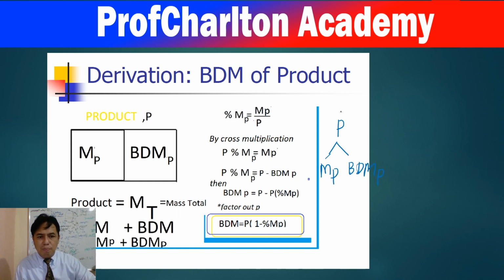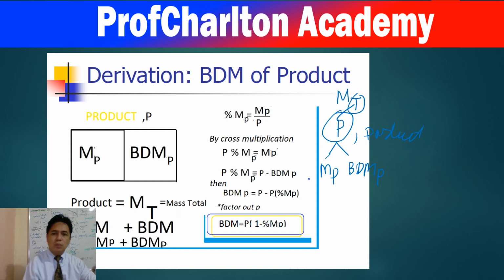So that is the composition of the P, which is the product coming out at the discharge chute, or the discharge side of the dryer. Now, the product is also called the total mass. So this P is called the total mass. So it's a mass, but the totality of mass on the product side.